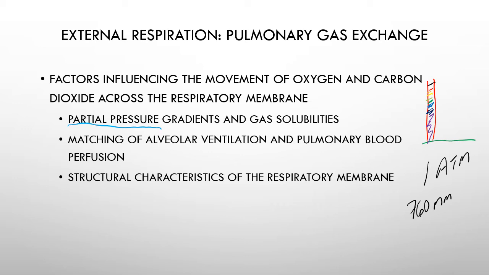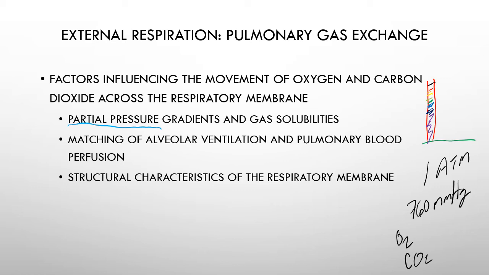So if this is one atmosphere, or say we go back to something a little bit easier to divide up, 760 millimeters of mercury in our column there, each portion of our gases takes up a subset of that. And so things like our oxygen and our CO2 are going to be a percentage of that 760 millimeters of mercury.